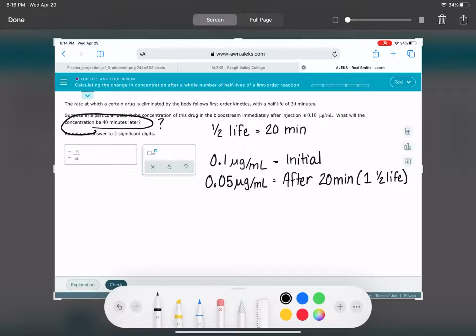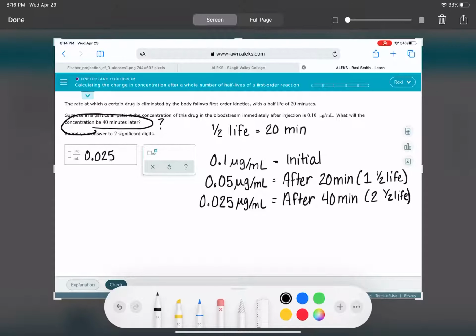And then after we do another 20 minutes, so after a total of 40 minutes, and a total of 2 half-lives have passed, we're going to cut that in half again, and this is now going to be 0.025 micrograms per milliliter. So for every half-life, we're decreasing the concentration in half. And you do have to do it incrementally like that. You can't just find some way to rapid shot it.